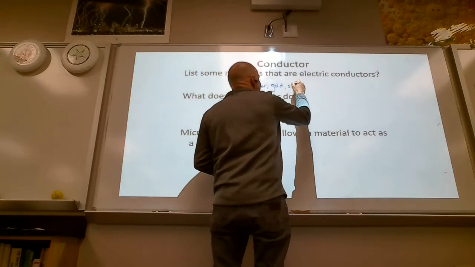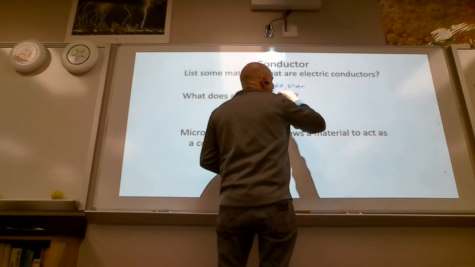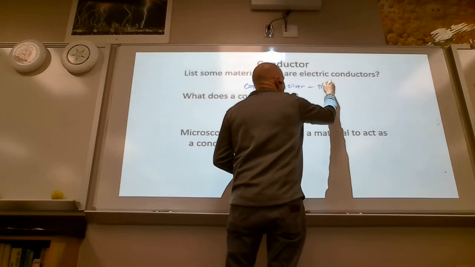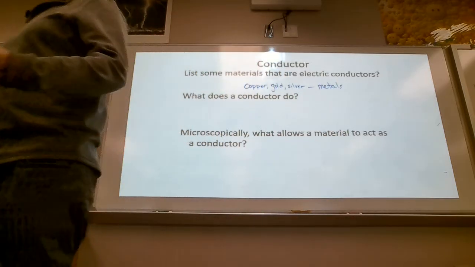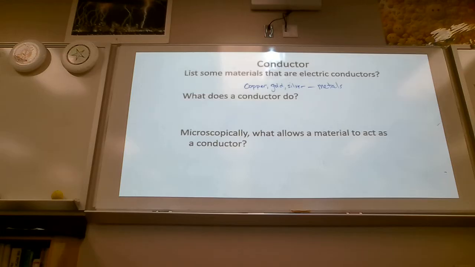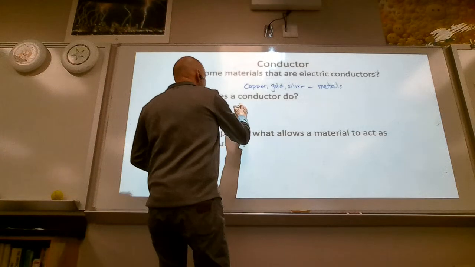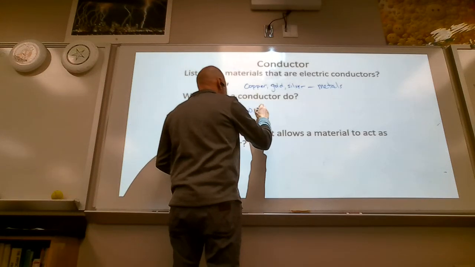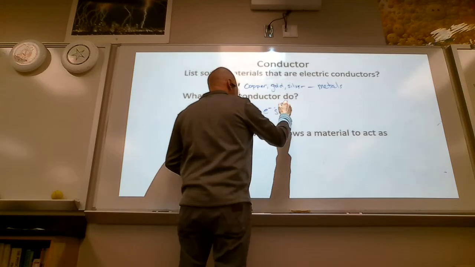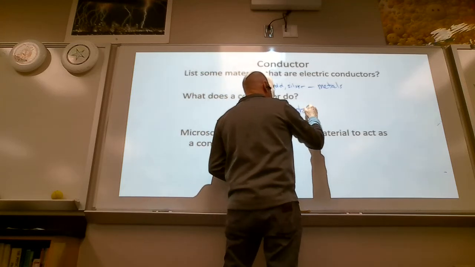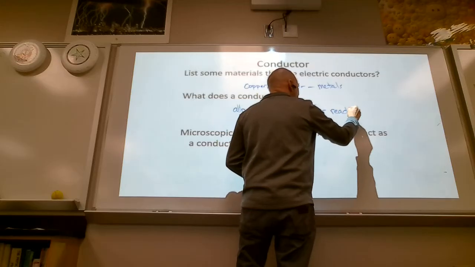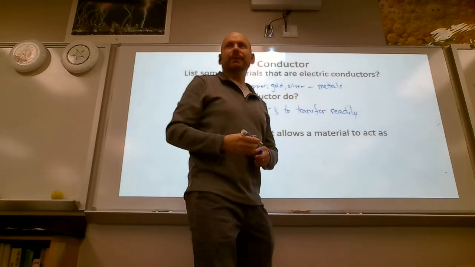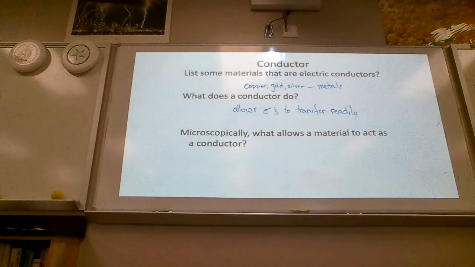Silver. Metals. Any type of metal. Conductor. Yes? Okay. What does a conductor do? This allows electrons to transfer readily or easily. Allows electrons to transfer easily.